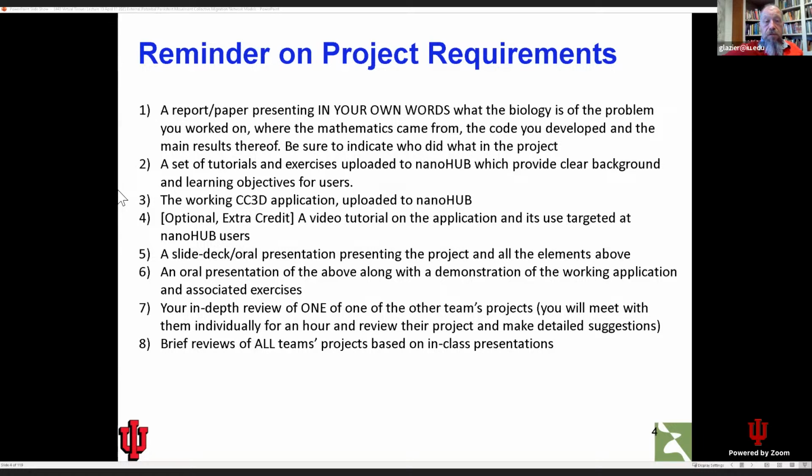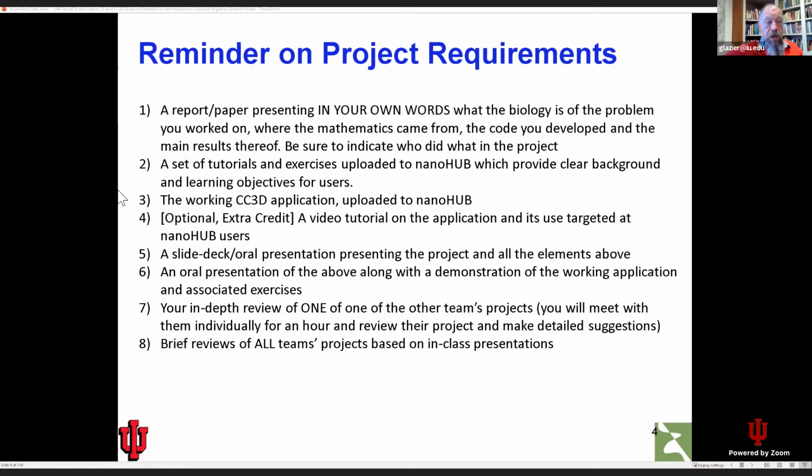I wanted to focus today a little bit more on the assignment that you'll have next week, and you may want to revisit it as projects develop, which is that I'm asking for each team to do an in-depth review of one of the other team's projects. And I'm also going to ask people to do short reviews of all of them.